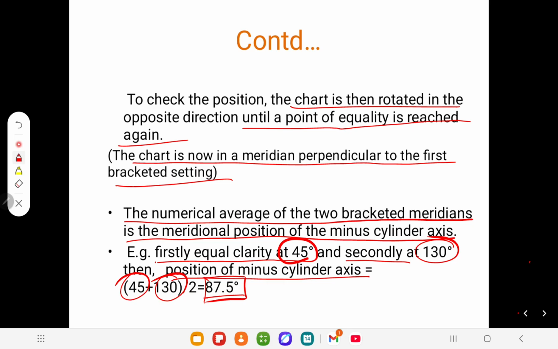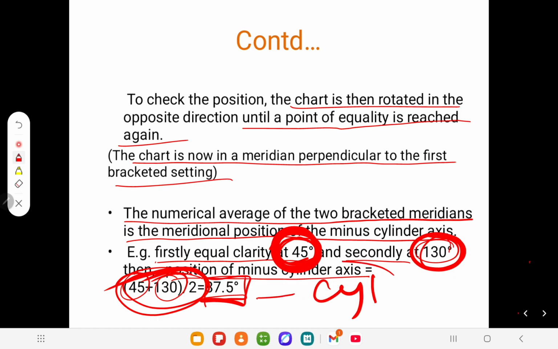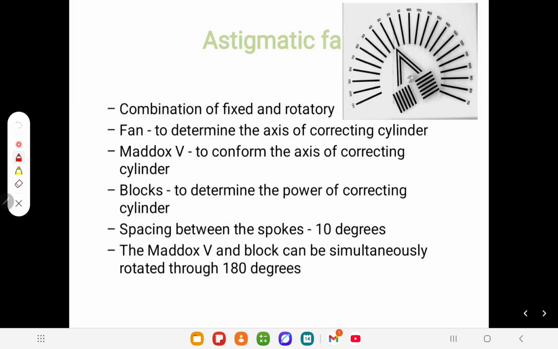To check, we rotate in the opposite direction until the point is reached; the chart is now at the meridian perpendicular to the first bracket. Then we have two values at the clear point, 1 and 2. We just take the mean point, and that mean point is the cylindrical position of which cylinder? The minus cylinder, and that's the case with the rotating T.